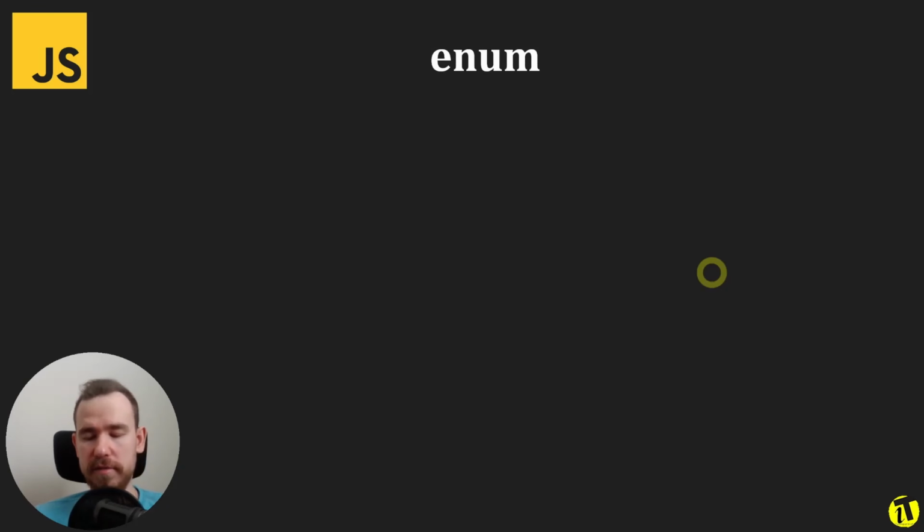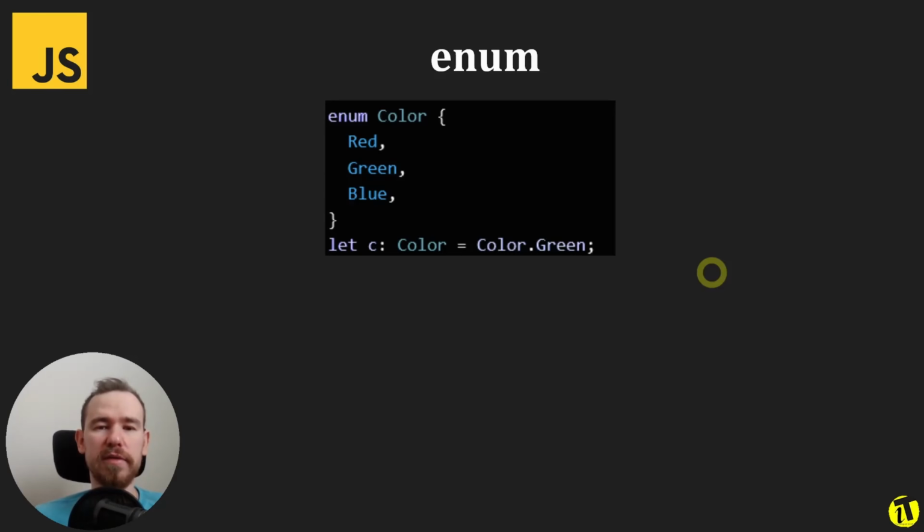The next data type is enum, and this is also new. The idea is that we can basically define a kind of dictionary or definition of the possible values of a group, like a set or subset. In this case, we have a Color enum, and we can have red, green, blue as matching data for the color.